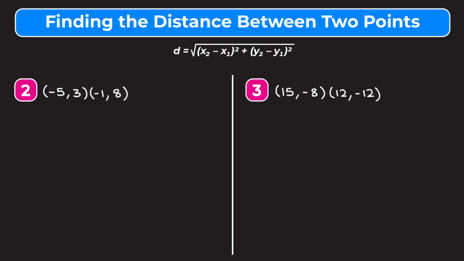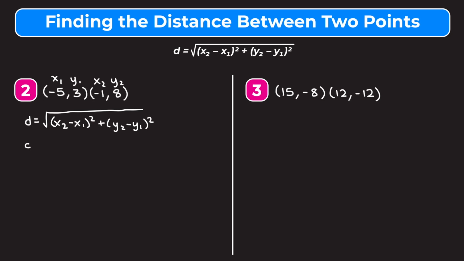So taking a look at example 2, we want to find the distance between the points negative 5, 3 and negative 1, 8. So I'm going to start by labeling my points with x1, y1, and x2, y2. And then I'm going to rewrite my distance formula. So distance is equal to the square root of x2 minus x1 squared plus y2 minus y1 squared.